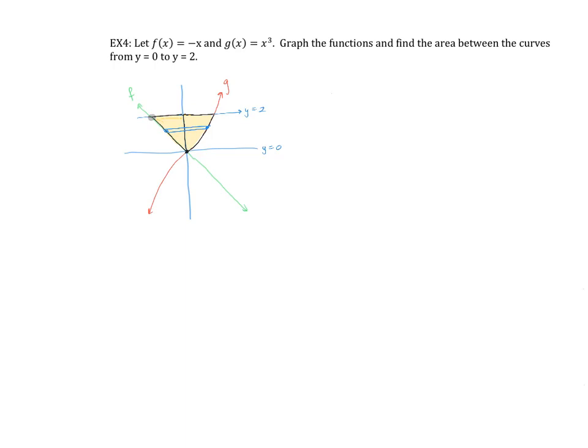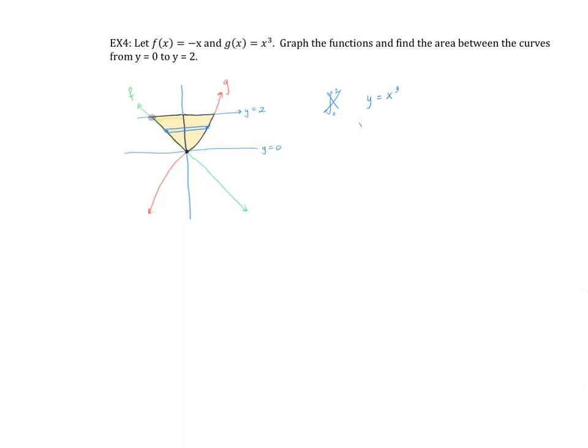So when I integrate with respect to y from 0 to 2, it's g minus f, and g is x to the third. Well, before I integrate, I'm going to have to change this. I'm going to replace g with y and write it as y equal to x to the third. I have to solve it for x.